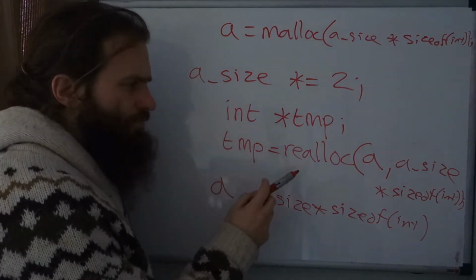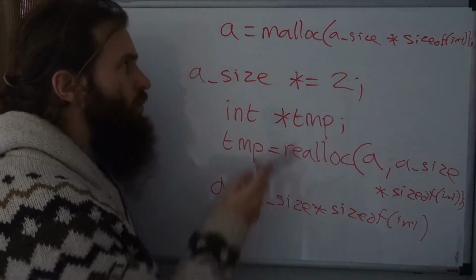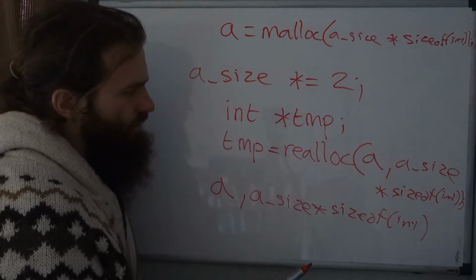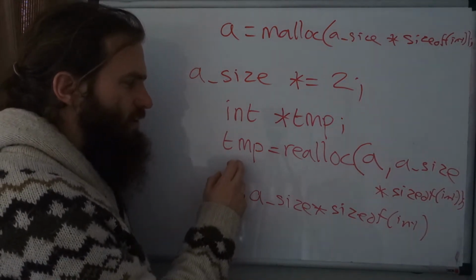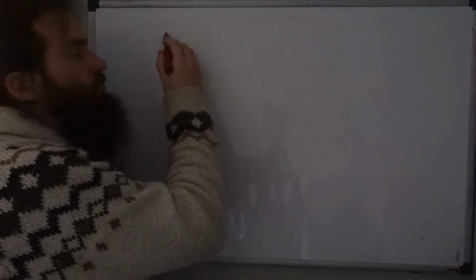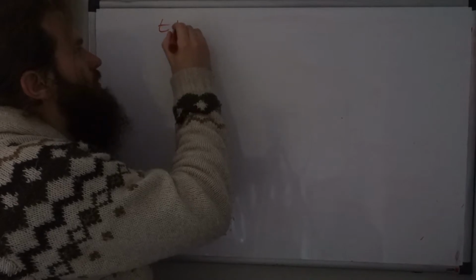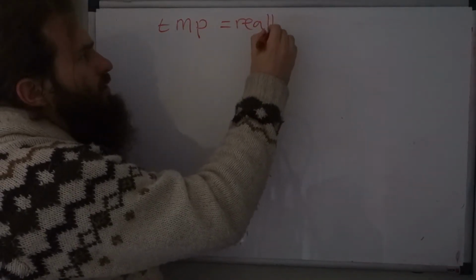Now the pointer from realloc is now in temp, but we want it to be in A. And what we do is, first of all, we check whether temp is null or not. So we're just going to rewrite the realloc line. So temp equals realloc.